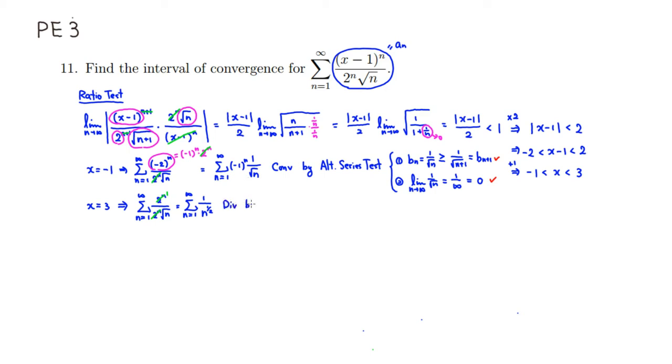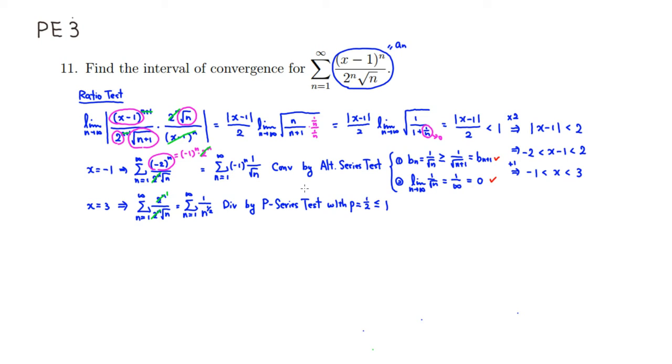We know this by the p series test. I keep on writing S for p. The p series test, with p value in this case 1/2, which is less than or equal to 1, so we get a divergence.